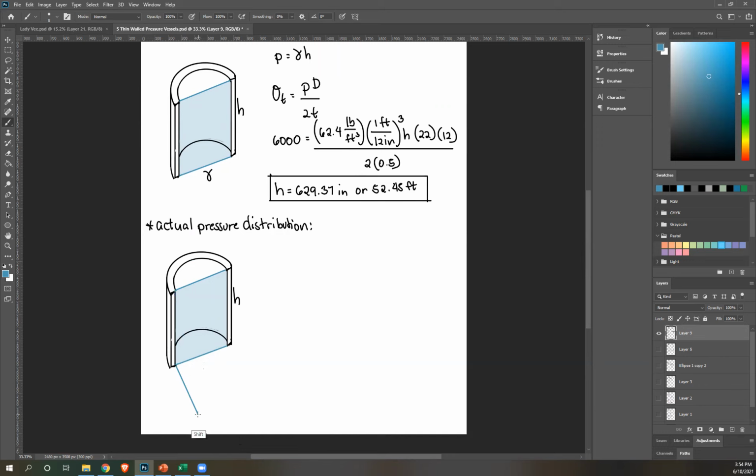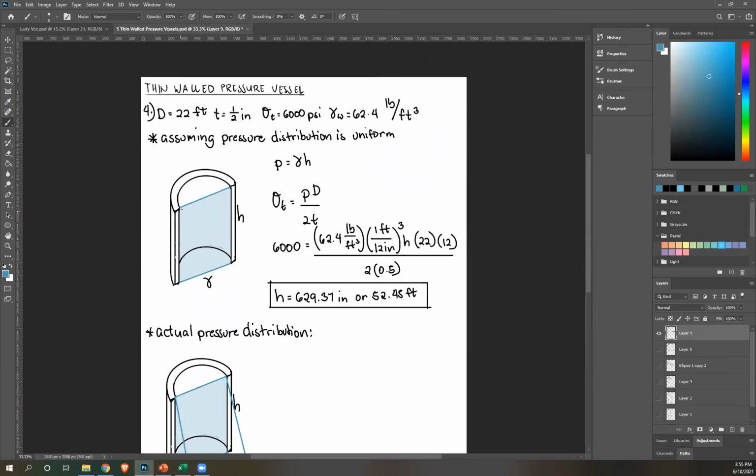This represents your pressure distribution diagram. So this is the actual pressure distribution, not this where it's just a straight line.